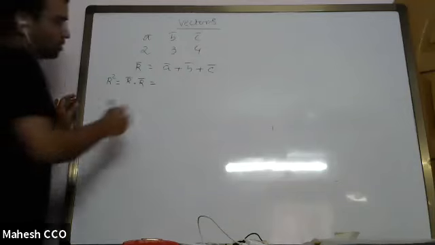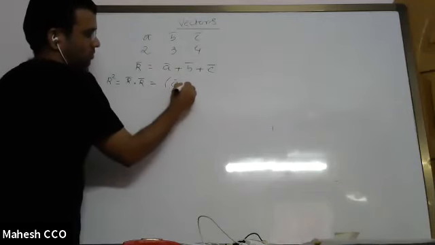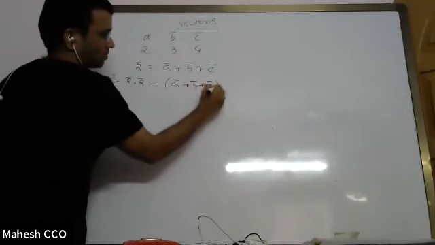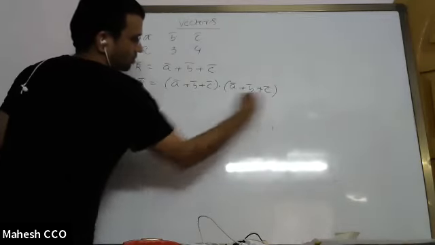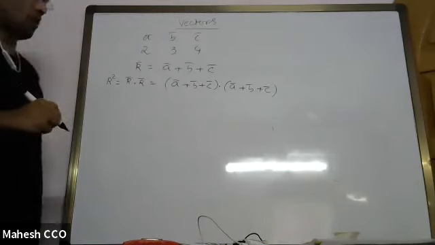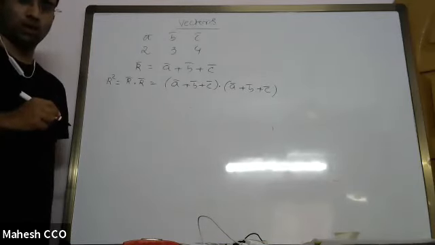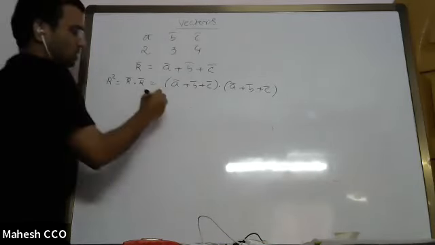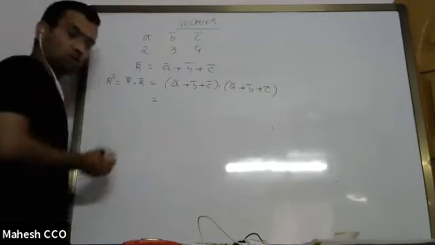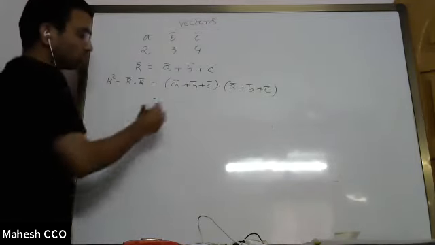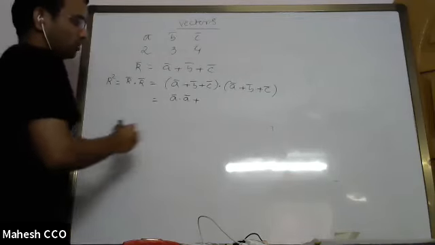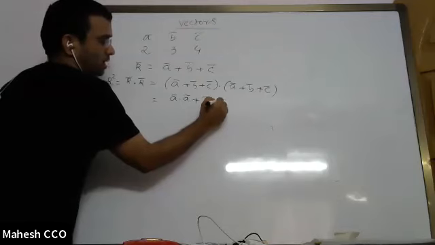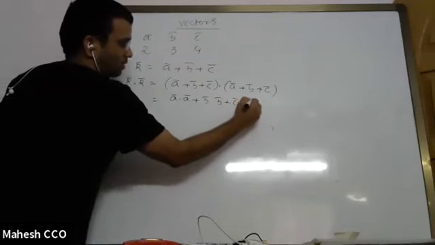Which is equal to (A bar plus B bar plus C bar) dot (A bar plus B bar plus C bar). Now upon expansion, because the dot product is distributive, we get A bar dot A bar, B bar dot B bar plus C bar dot C bar.